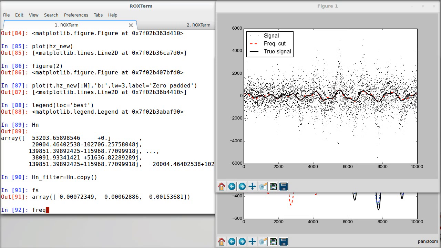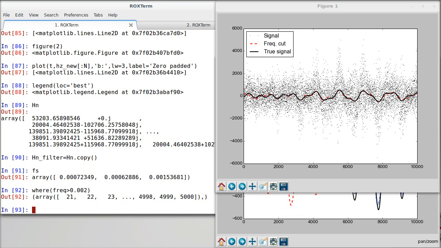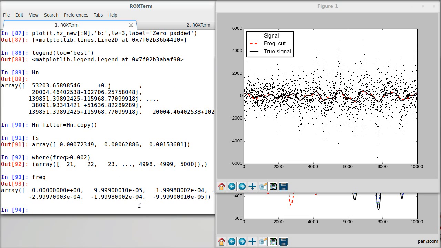So what we want to do is cut out all the frequencies larger than 0.002. Well, we can do that with the where command. We can ask, where is the frequency greater than 0.002. Well, if we do this, this isn't quite right, because remember there's positive and negative frequencies in this list. So it also cut out all the negative frequencies.